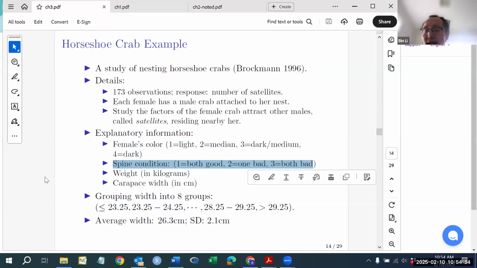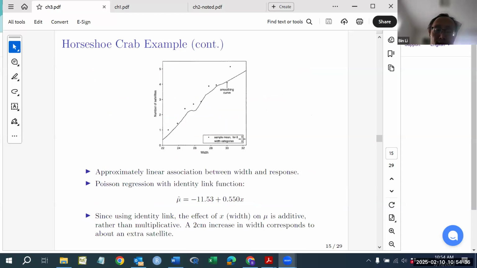So this is the data set. Now let's first just consider, we will use this data set a few times, but here we only consider to model the number of satellites through the carapace width.